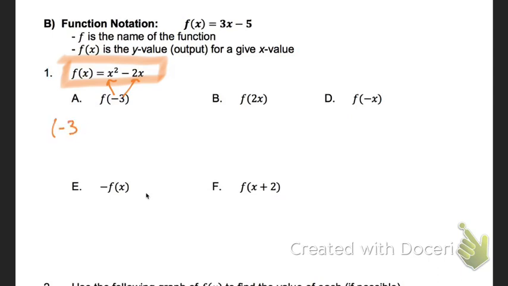So negative 3 squared minus 2 times negative 3, which would be 9 plus 6, which gives me 15. The only thing I'm going to say is when you're substituting a number, put that number in parentheses, always.